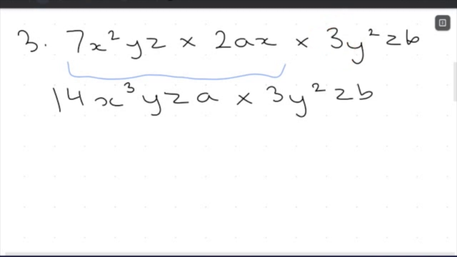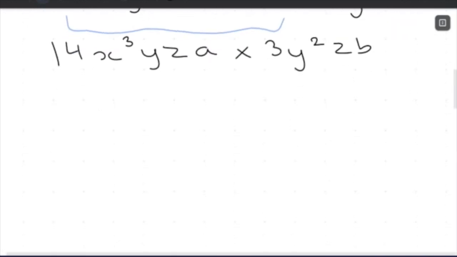Okay, so what do we do now? Well, we can once again consider the terms here that are just real numbers that we know. We have a 14 and a 3. And when we multiply those together, we're going to get 42.